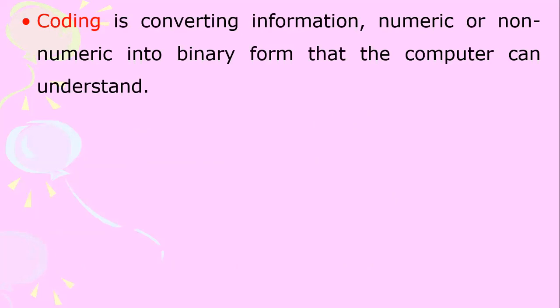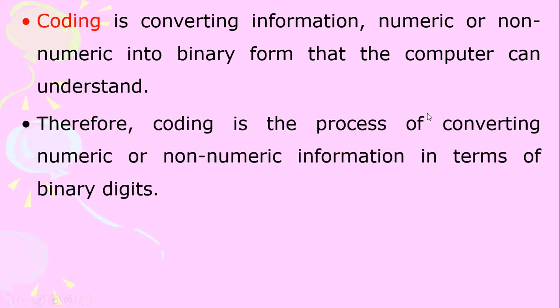Coding is converting information, numeric or non-numeric, into binary form that the computer can understand. Therefore, coding is the process of converting numeric or non-numeric information in terms of binary digits.